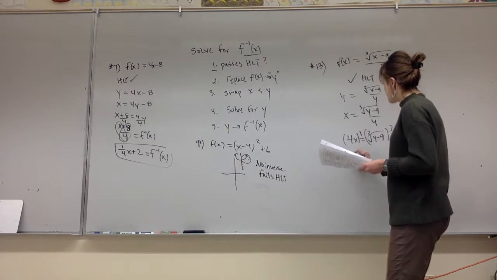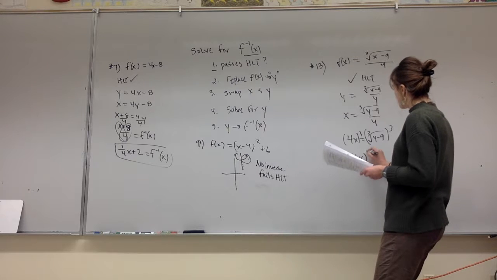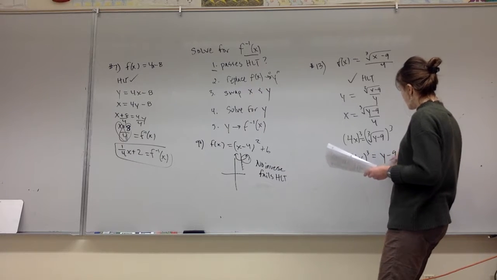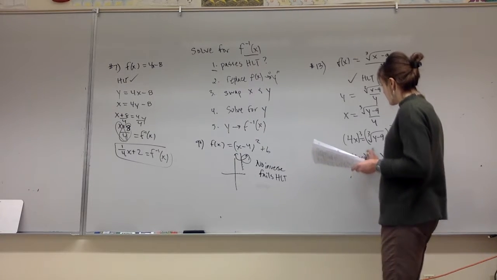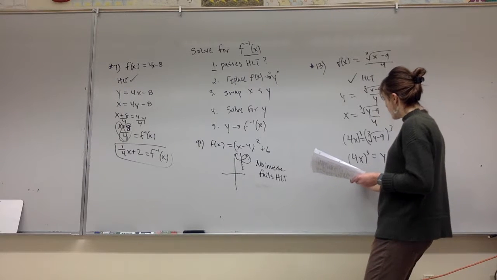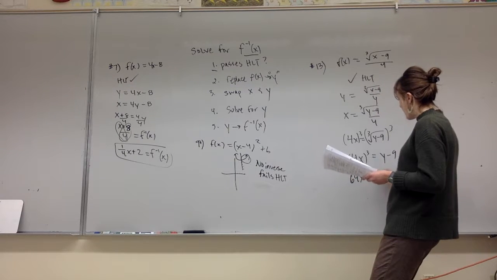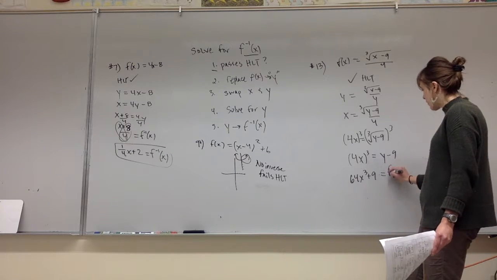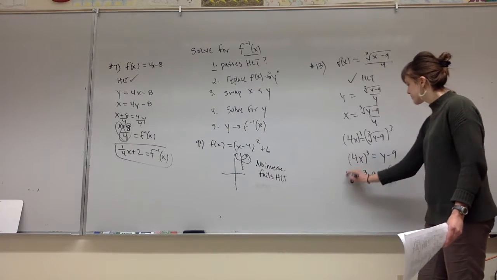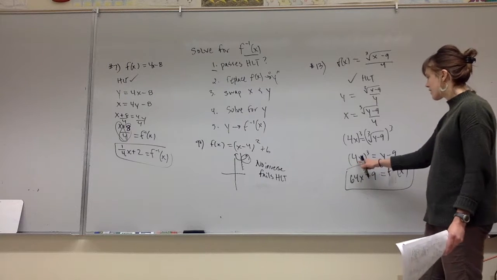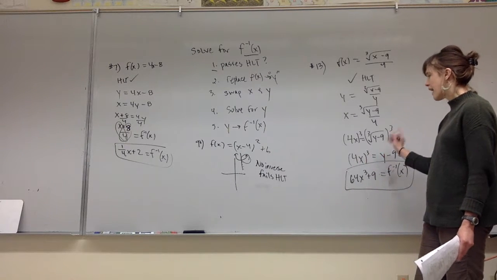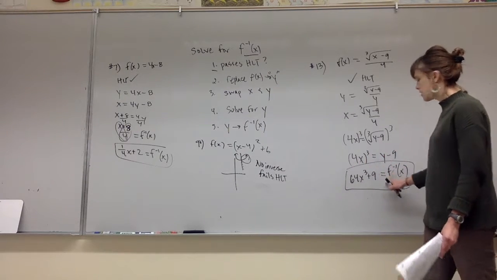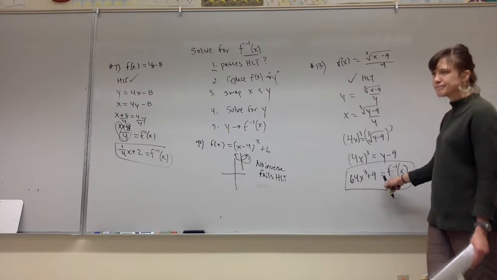Cube both sides, so 4x cubed equals y minus 9. Then I can cube the 4, so it becomes 64x cubed plus 9 equals y. This would be my simplest form. If you left it like 4x cubed plus 9, I would still take it, but this is proper simplest form.